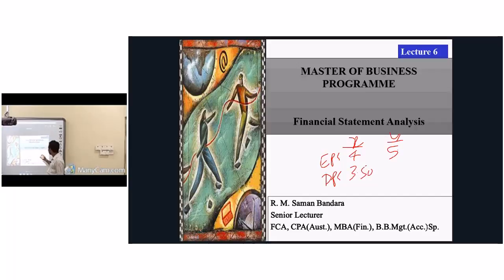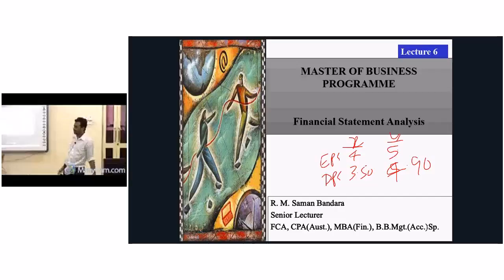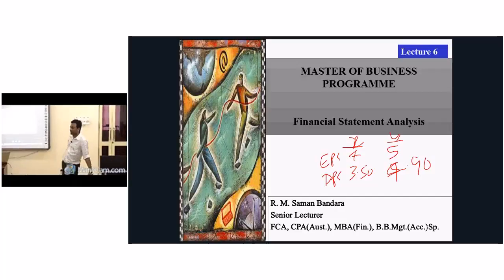Here DPS for Y, let's say 4.9, I'll take small, 4 rupees and 90 cents. If you have these two data, based on this, if you are an investor, in which company would you like to invest?